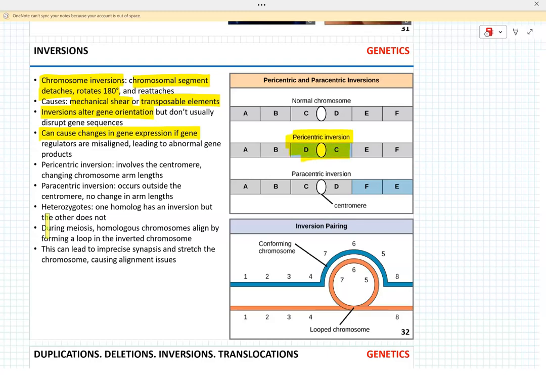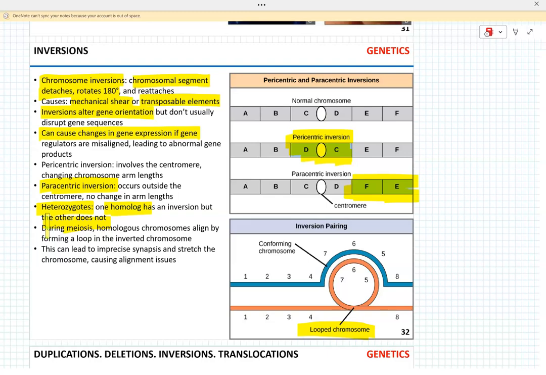Pericentric inversion involves the centromere and occurs around the centromere, changing the length of chromosomal arms. In paracentric inversion, it happens outside of the centromere, and chromosomal arm lengths do not change. Another interesting situation with inversion can occur in heterozygotes, when one homologous chromosome has the inversion and the other one doesn't.